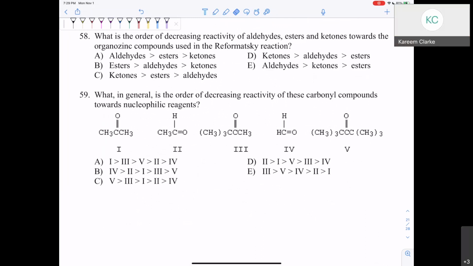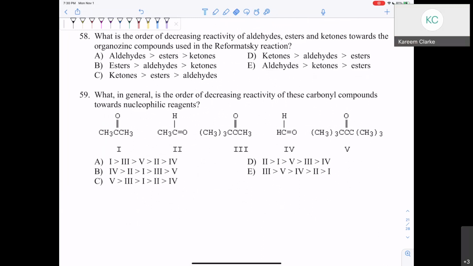Oh yeah, he did this one in class. I think the answer was B. Yeah. Well, why though? How did you remember that? It's steric hindrance and electronic effects.